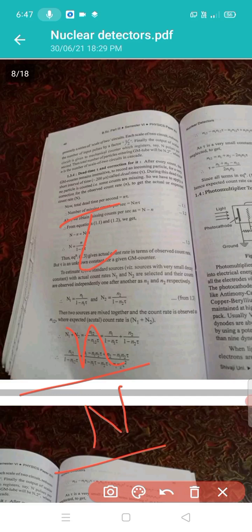Now, the total dead time per second is given as n tau, where small n is the observed count rate and tau is the dead time. It is the total dead time per second.